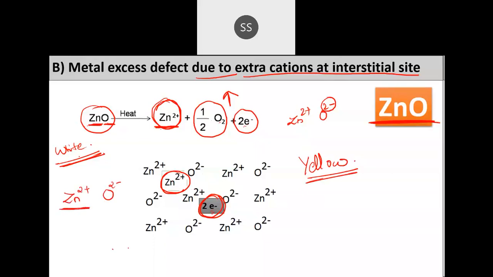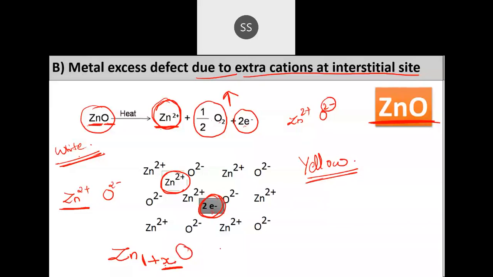Overall you can write the formula like this: Zn, it's more than 1, so 1 plus x, because that has to be calculated. When you see exactly how many zinc ions are remaining, you will understand the x value in the particular crystal. That depends on the temperature applied, so we just write it as x. So zinc ion will be more, and we have written Zn 1 plus x, O 1.